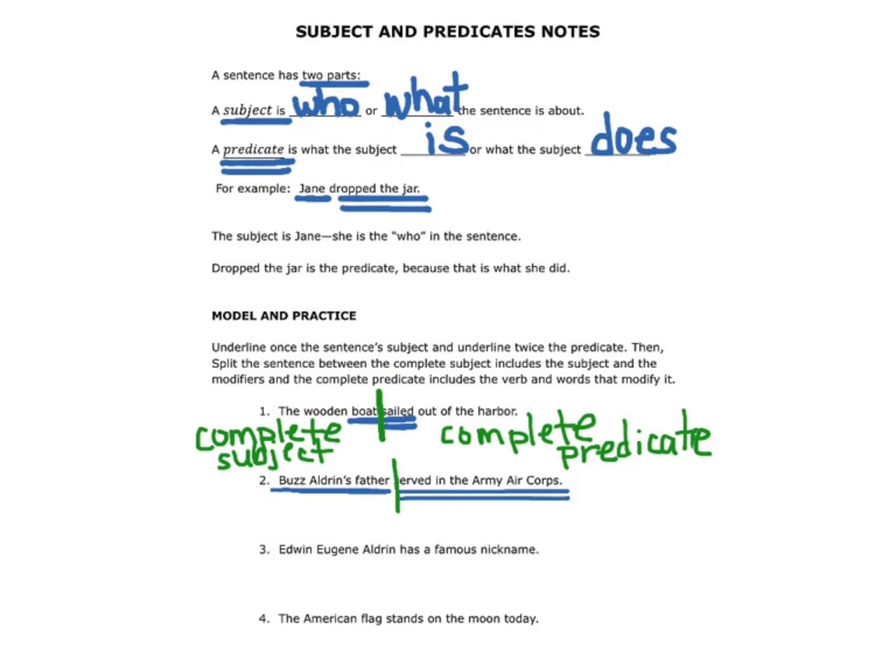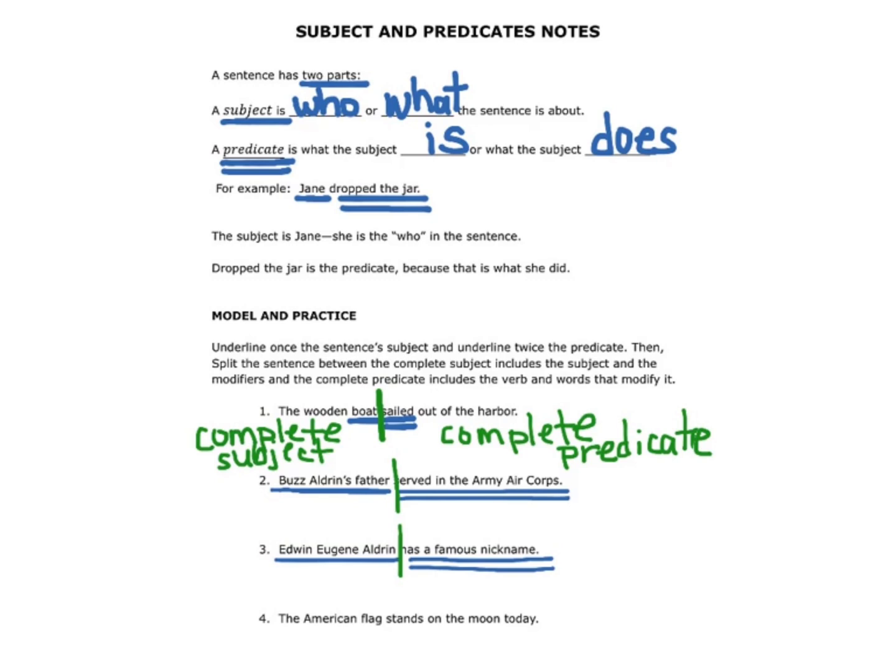All right, let's check. Did you single underline Edwin Eugene Aldrin as the complete subject and double underline has a famous nickname? That's fantastic. Great job. So let's go ahead and split the sentence into complete subject and complete predicate. We have one more.